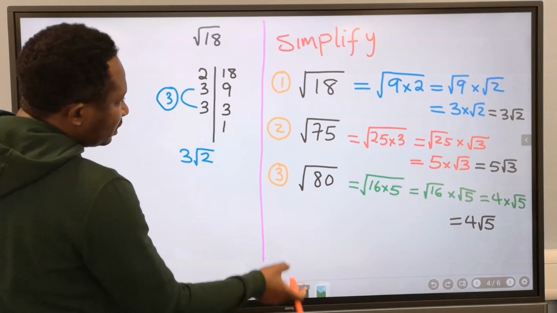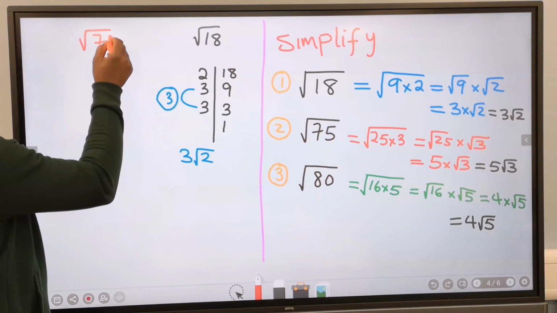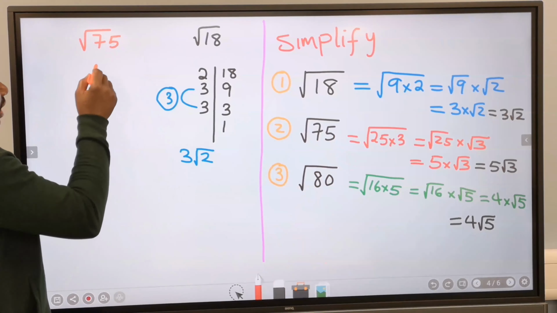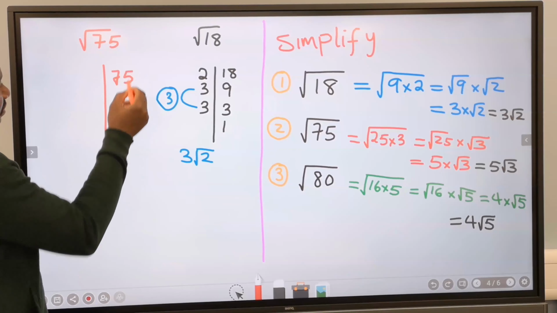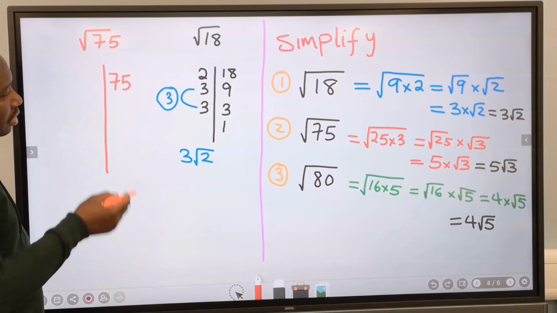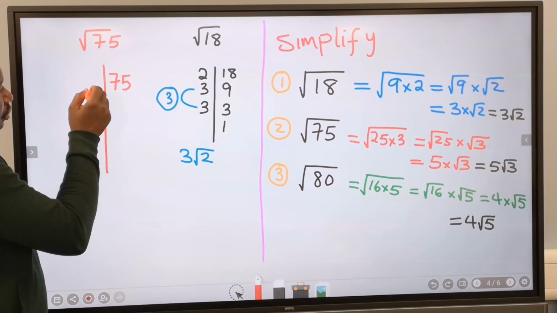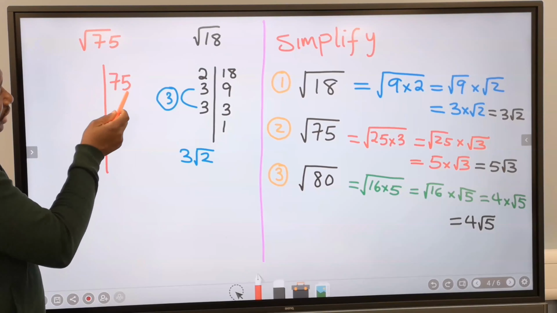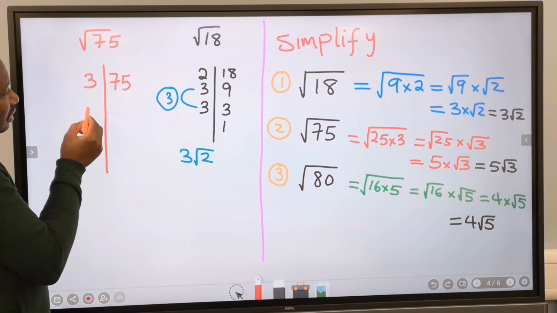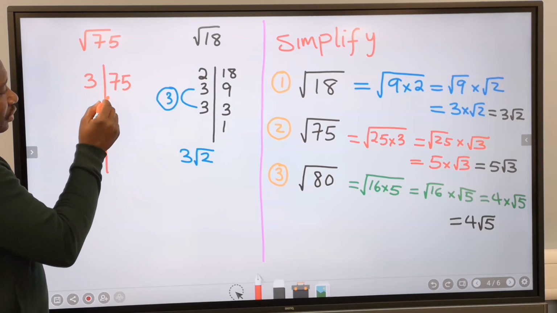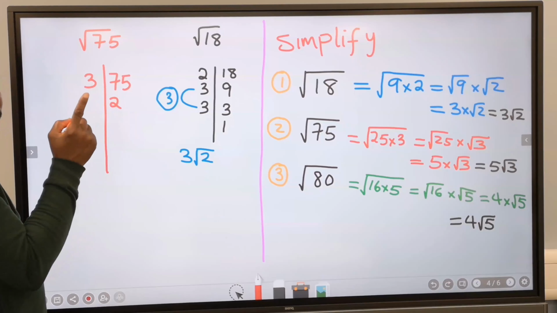Next, we can try 75. The first thing is you draw a line. You write 75. Next, we can start with 2, but if 2 goes into this, we're going to have a remainder. Let's go with 3. 3 into 7 will give you 2, remainder 1.